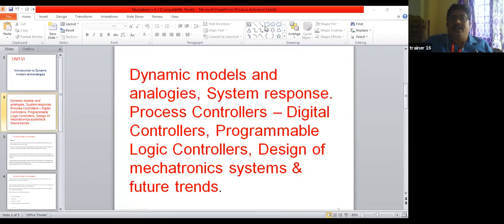Here we have to develop a model of a mechatronics system, design and development of a mechatronic system.